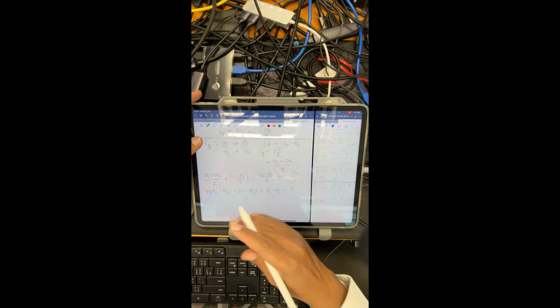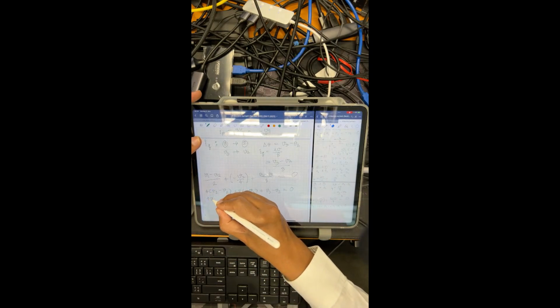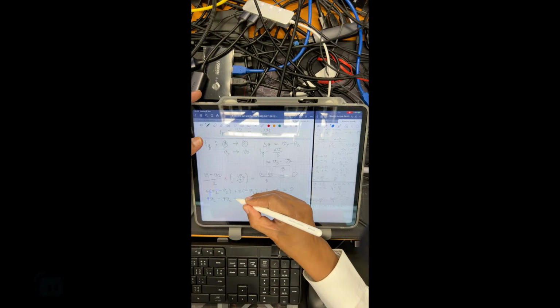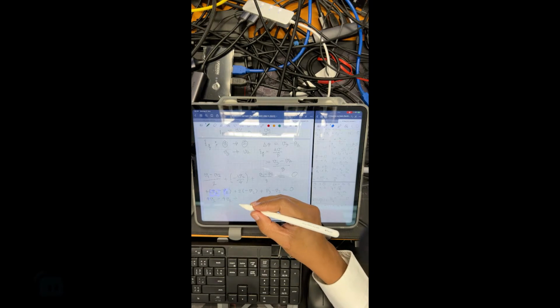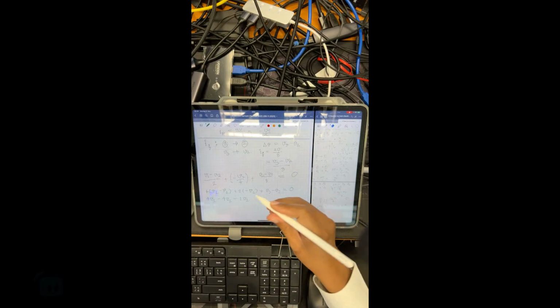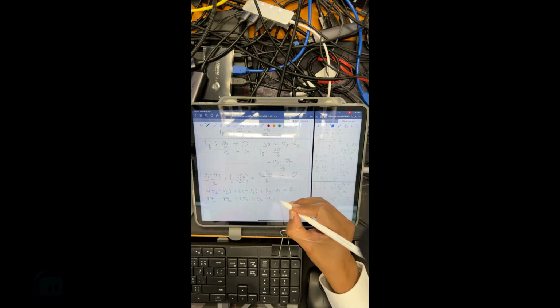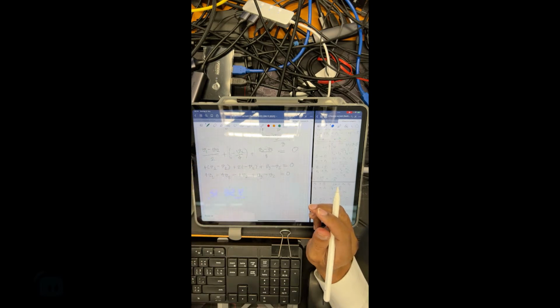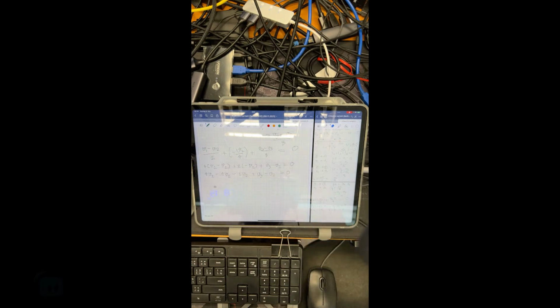What about V1? We have 4 V1, and minus 4 V2, minus 2 V2, and plus V3 minus V2 equals 0, right? V1 is right there, a single term.